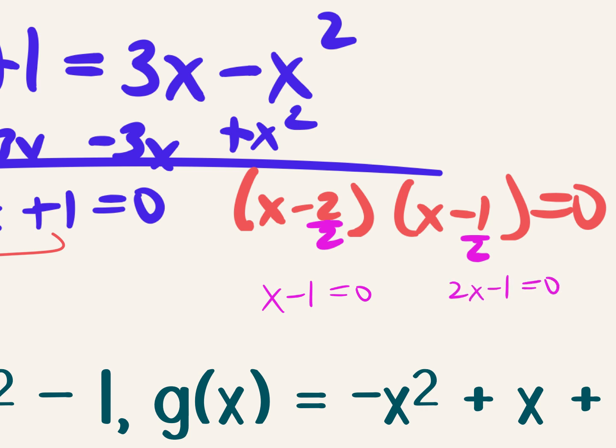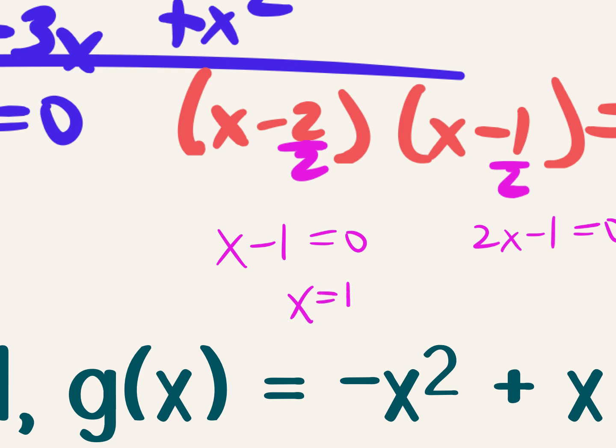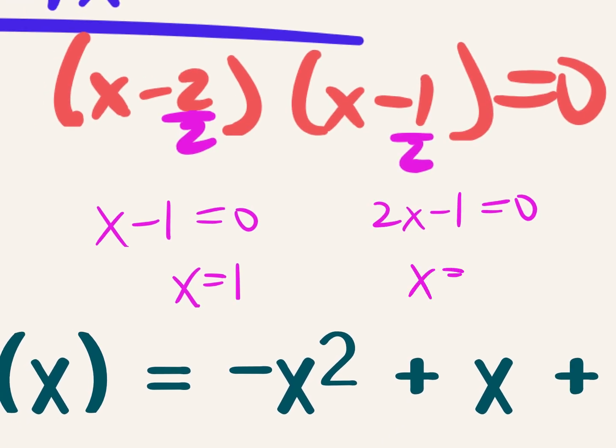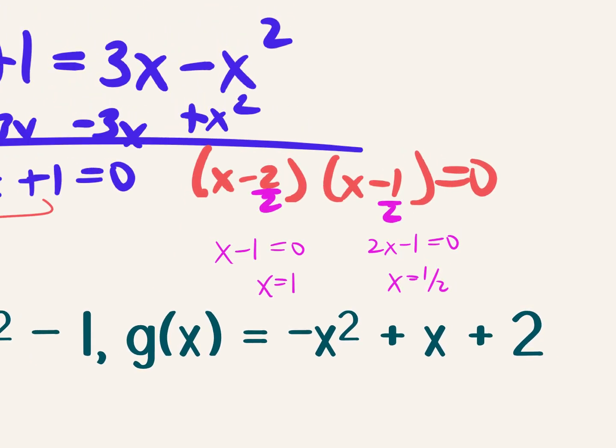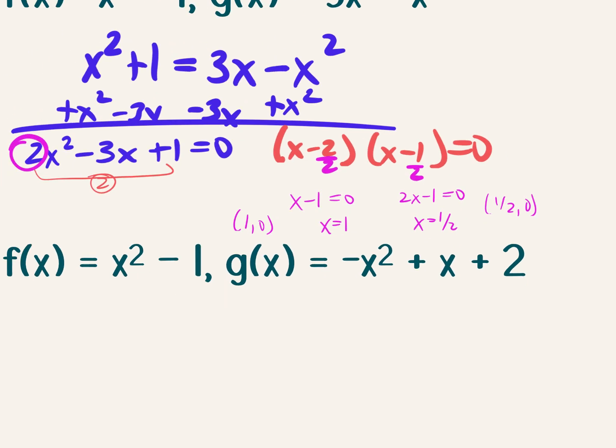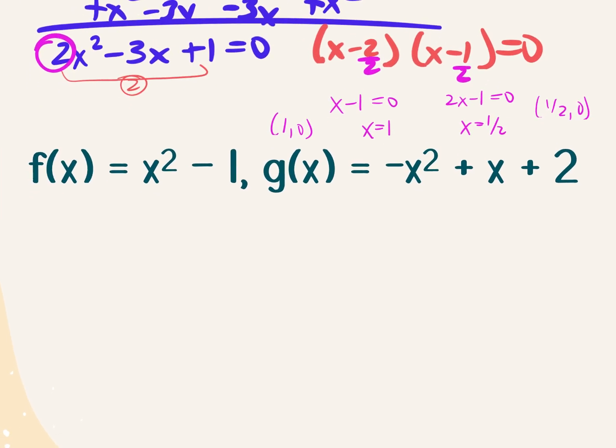Agreed? So your x values are x equals 1 and x equals 1/2. And how would we write those as ordered pairs? 1, 0 and 1/2, 0. The graph crosses how many places? 2.